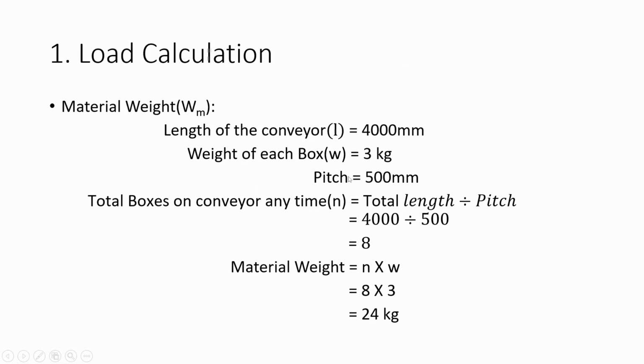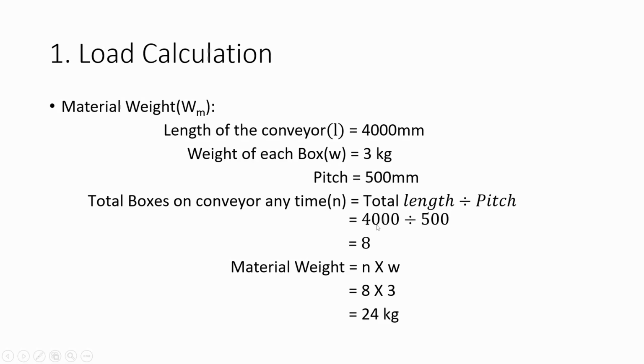Here firstly I am calculating the material weight, the weight of the material that is going to come on the conveyor. First of all, we require the length of the conveyor. In the requirement section it is mentioned 4000 mm, the weight of each box is 3 kg, and the pitch of each box is 500 millimeters. So from there the total boxes on the conveyor at any time will be given by total length divided by pitch.